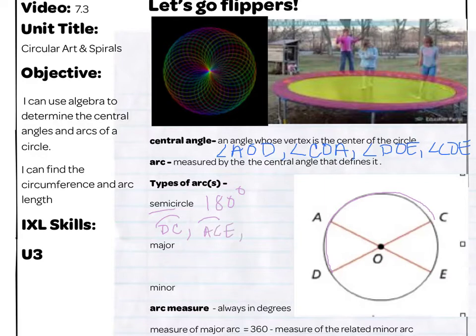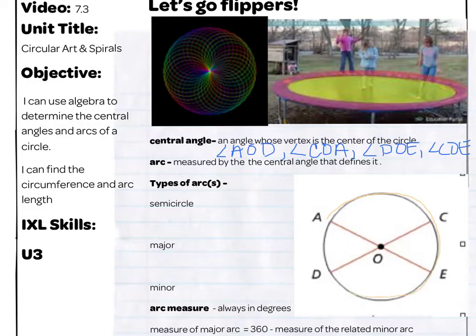Now a major arc is going to be different. A major arc is clearly just going to be larger than a semicircle arc, so bigger than 180. So let's see if we can identify one. All right, let's use orange. We're looking for an arc bigger than a semicircle. So say we were to go with A all the way around to E, well, we got to keep going because that's 180.